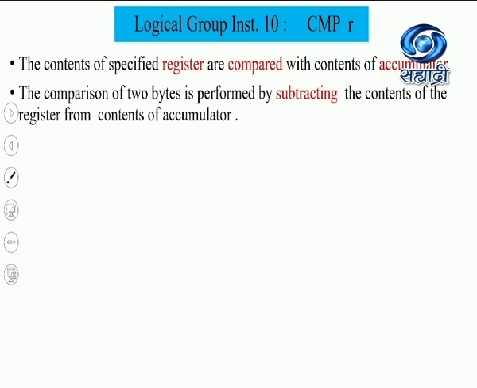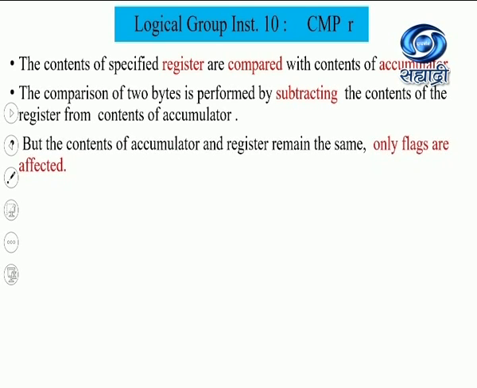So internally, microprocessor is performing subtraction for comparison, that is to check which number is greater than or less than or equal to the other number. But the contents of accumulator and register remain the same and only flags are affected. So even if this instruction is performing subtraction, it is different from SUB R instruction.